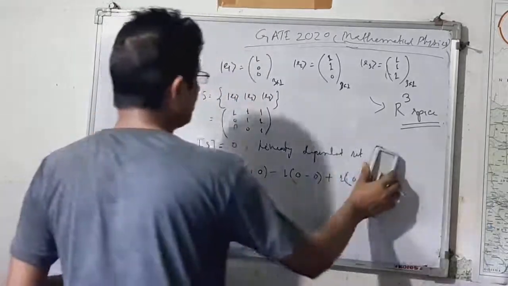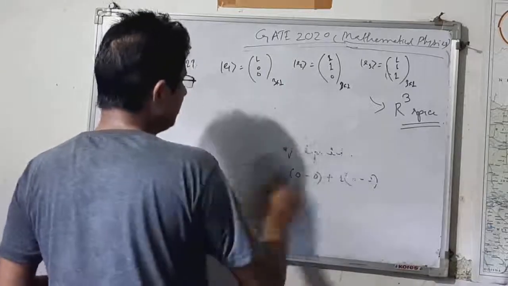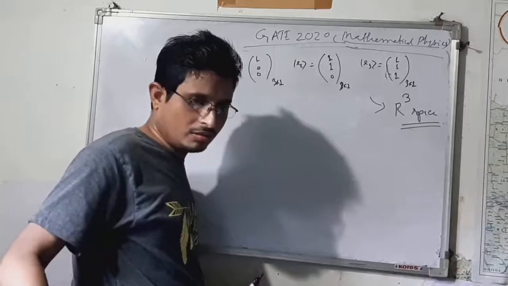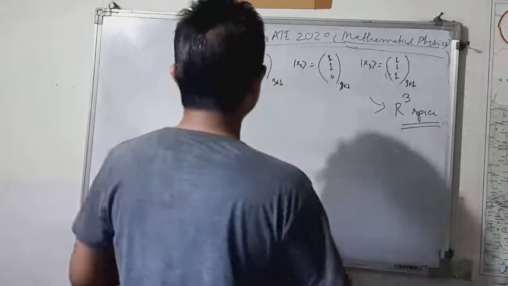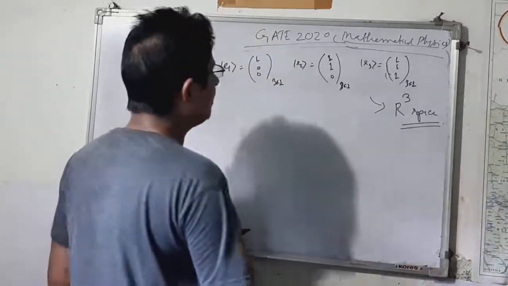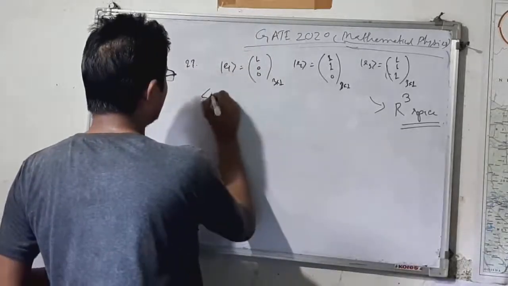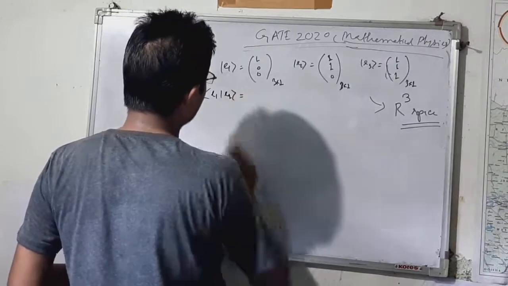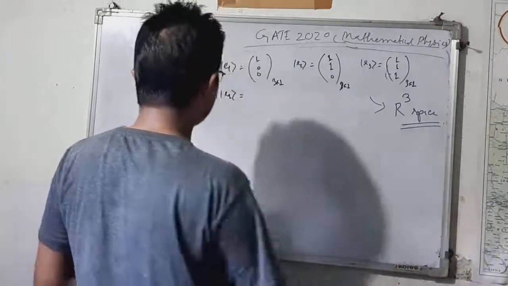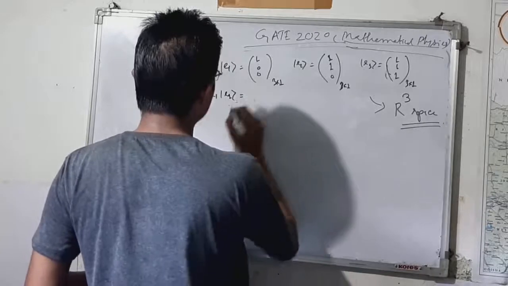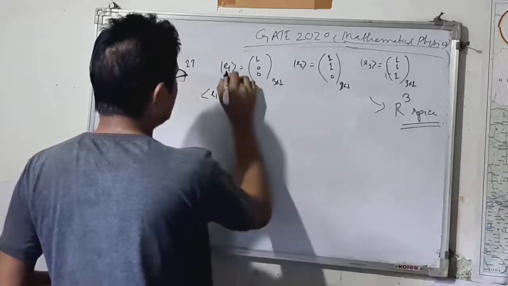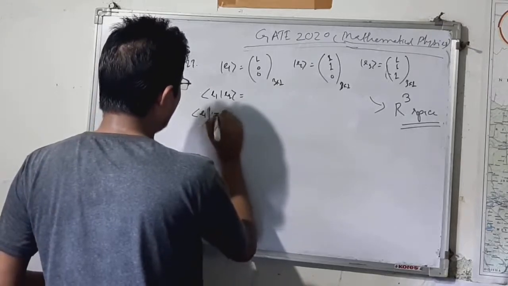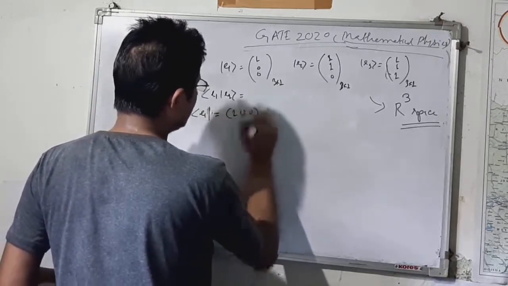Now, S is an orthonormal set. Orthonormal means they have unit norms and they are perpendicular to each other. So let's check whether e1, e2, e3 have unit norms or not. For checking the norm, let's check the inner product. E1 is 1, 0, 0, so its bra vector can be written as 1, 0, 0.